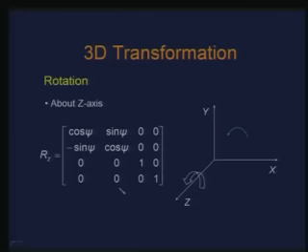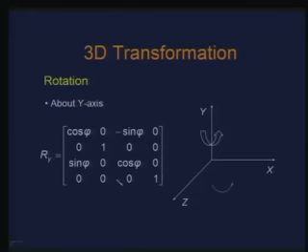Now, when we talk about rotation about the y axis, this is the scenario. Again, I can think of this as a rotation being performed in the xz plane. And remember, we have this convention of positive rotation.